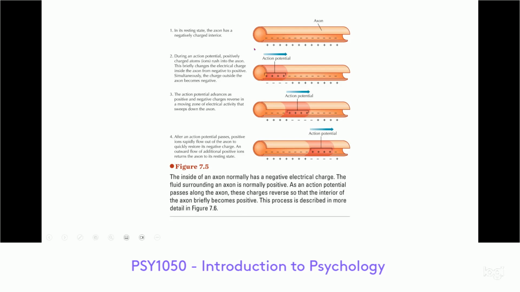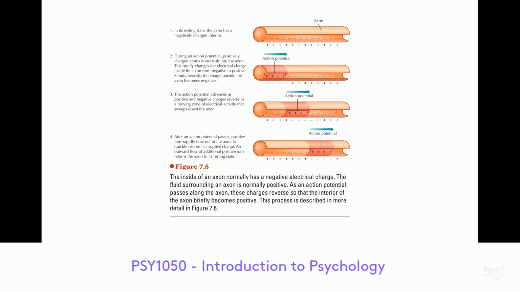So as you look here, as I mentioned in the video, the axon has a negatively charged interior in the resting state, and then with the action potential, the ion channels open up, and the ions rush into the axon to try to neutralize that negative charge, right? So the positive ions rush in, and then the electrical charge moves from negative to positive inside.